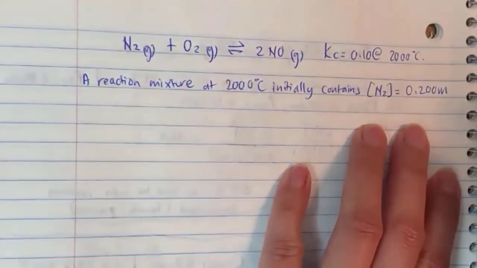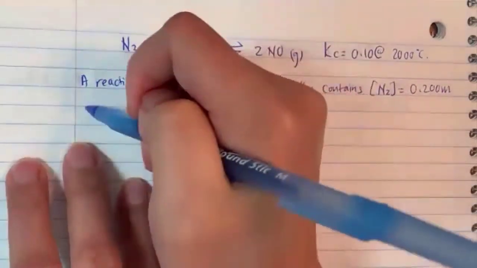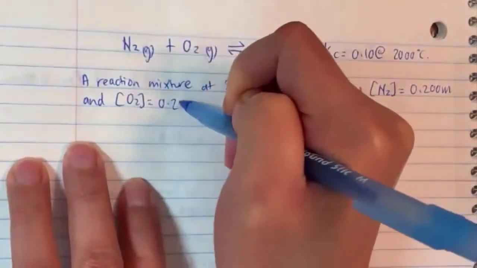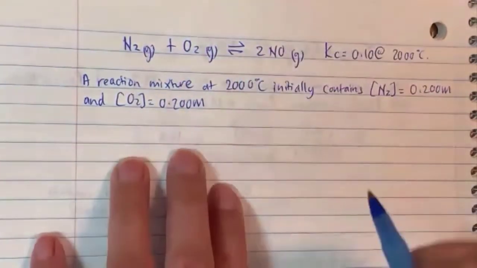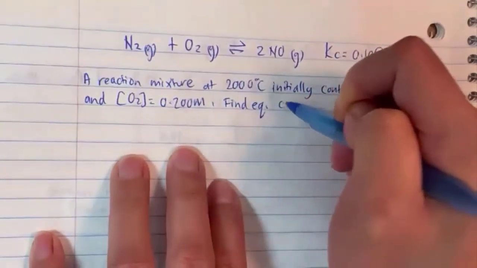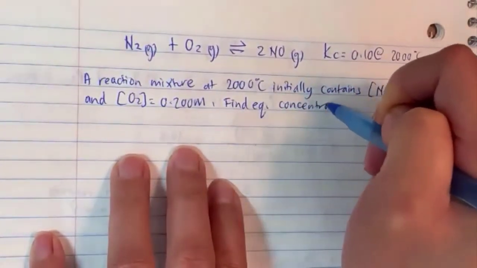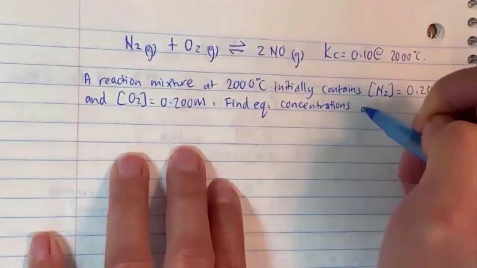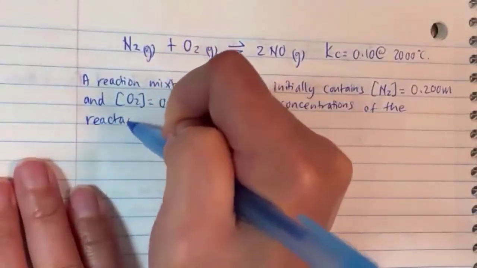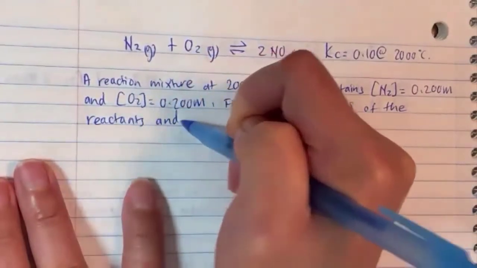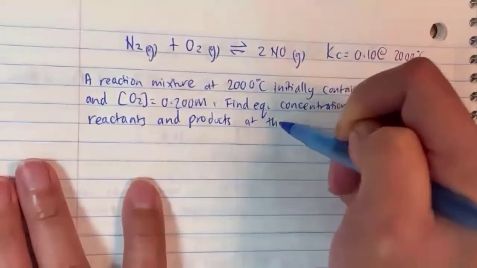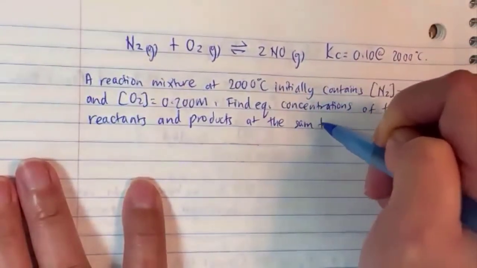So they gave us an initial. That's good. And another initial, O2 is 0.200. Find equilibrium concentrations of the reactants and products at the same temperature.